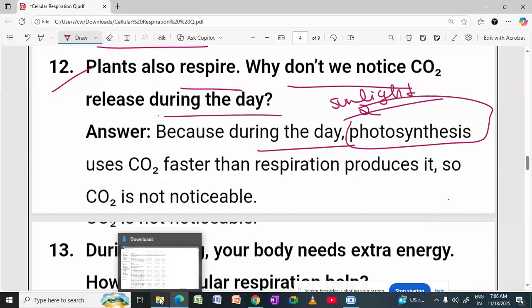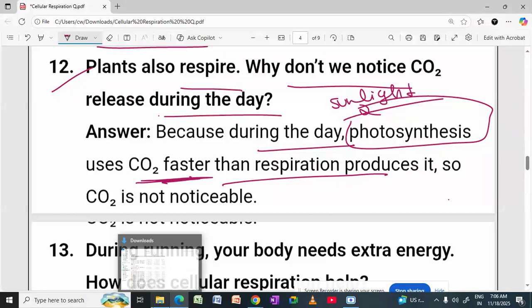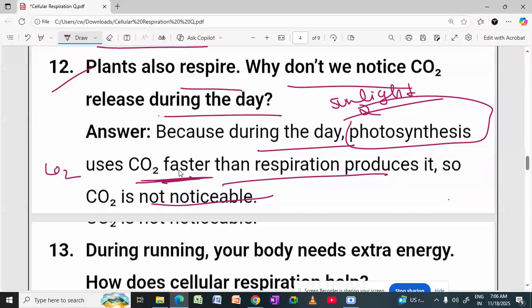During the day photosynthesis uses carbon dioxide faster than respiration produces it. So carbon dioxide is not noticeable, because in photosynthesis carbon dioxide is a raw material, whereas in respiration it is produced as a byproduct.